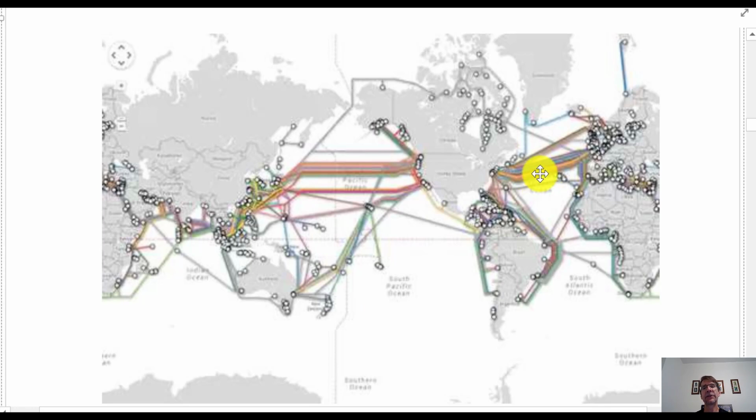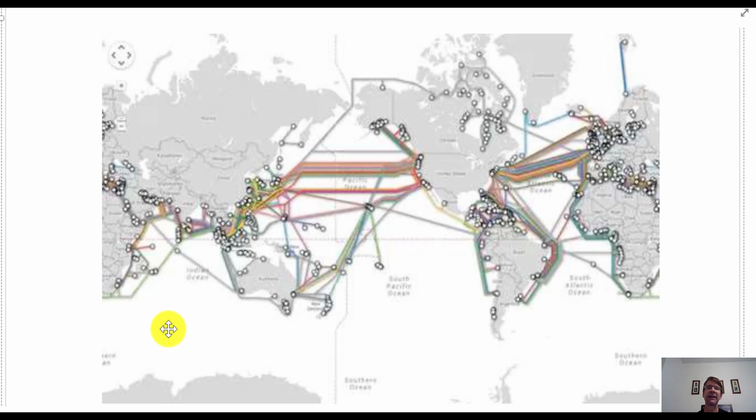There's about 5 or 10 or 15 that go from the United States to Europe, South America, and then from the western United States over to Asia, and then connecting all the other countries. And then there's all the ones that are buried in the ground on the continents. These are just the ones that are buried on the bottom of the sea. So it's big business, and it's a big part of the internet.